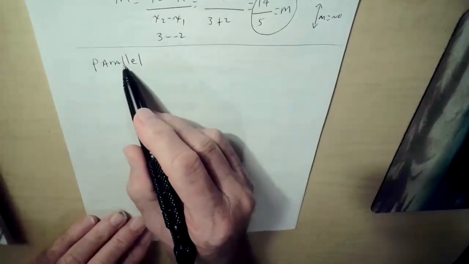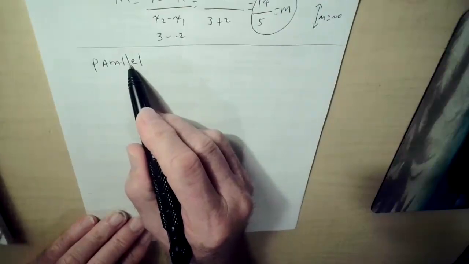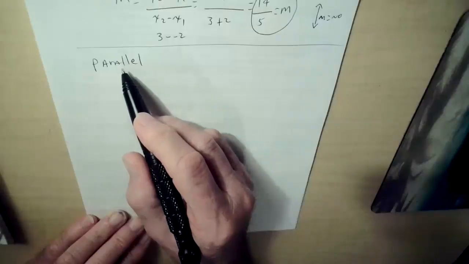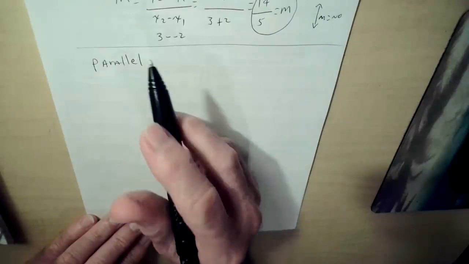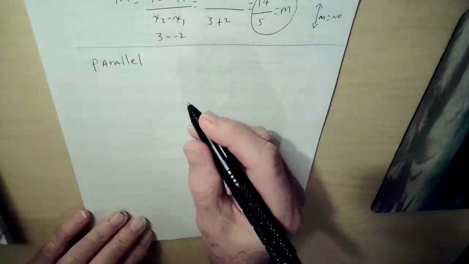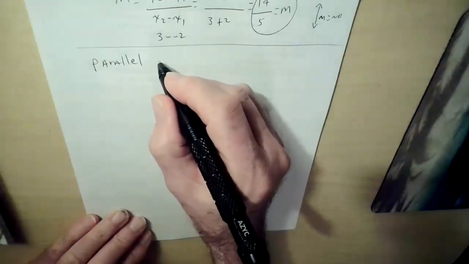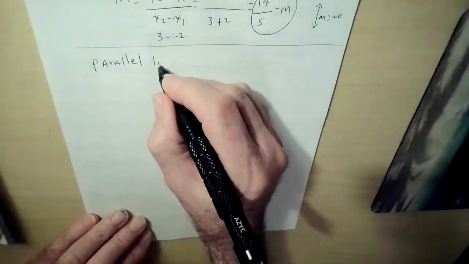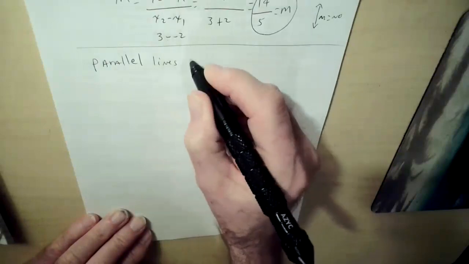Okay. We talked about this a minute ago. Parallel. What does parallel mean? I'll tell you the way I remember it is the two L's in parallel. Parallel. Railroad tracks. They're parallel.